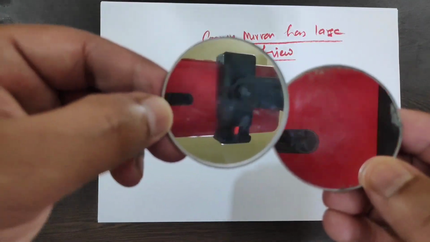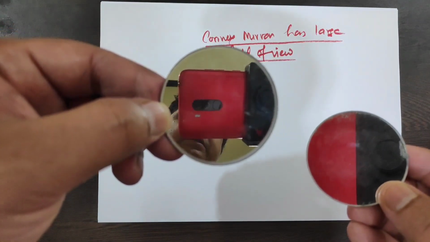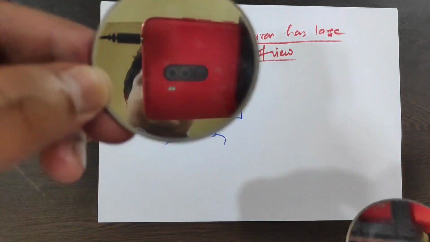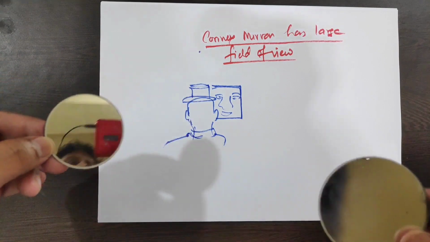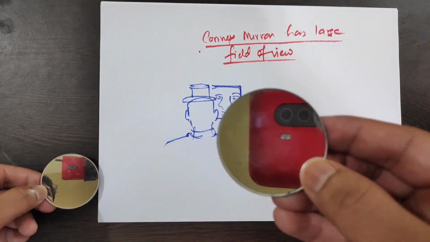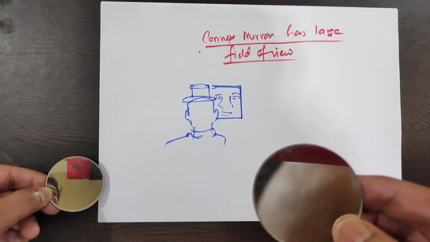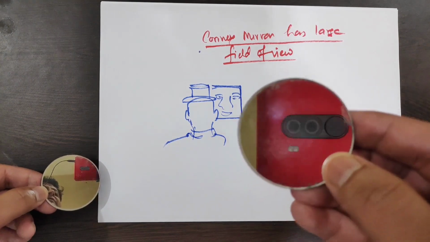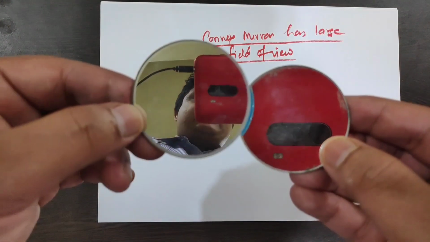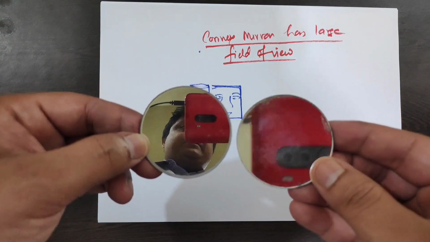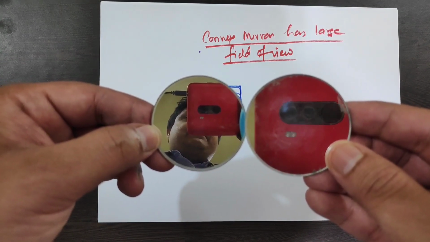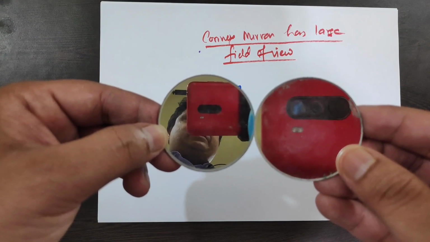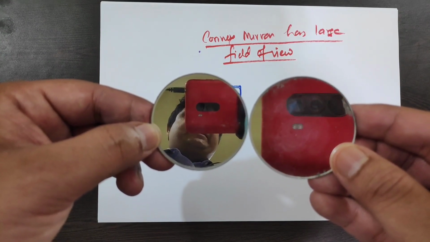And just to have a contrast, the convex mirror shows the image very small. Look at the size of the mobile phone, mobile camera. Left one convex and right one concave mirror.